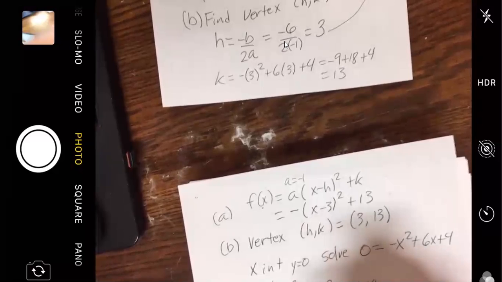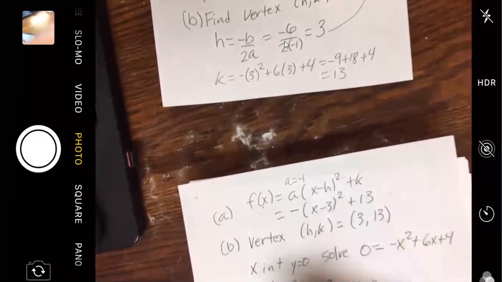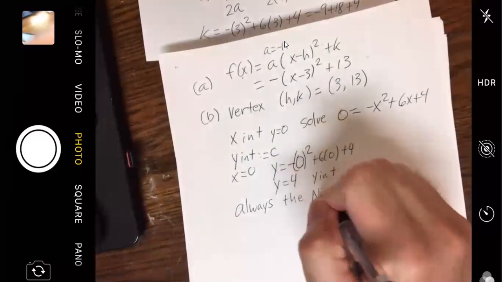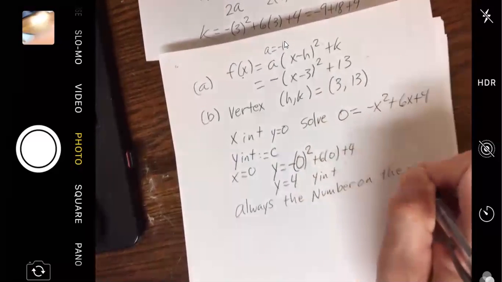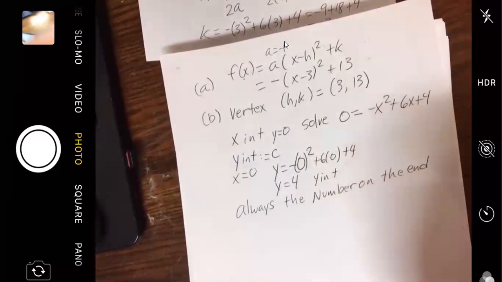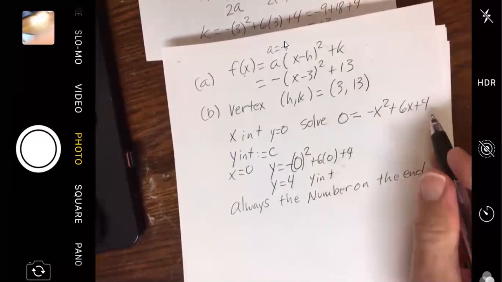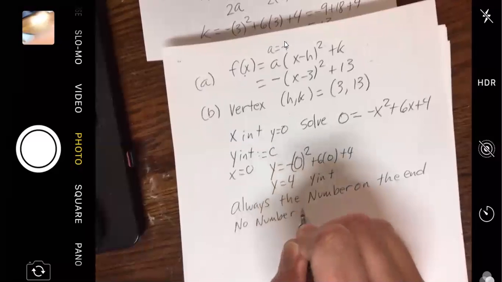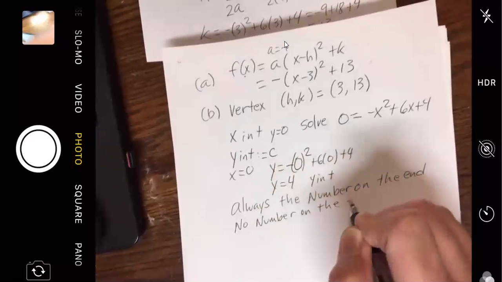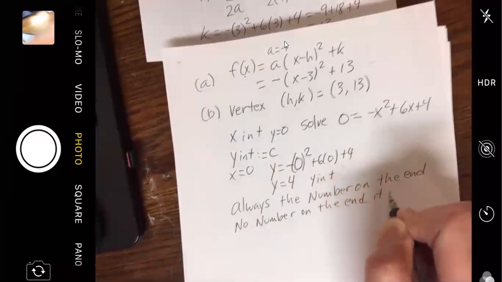This is the y-intercept. It's always the number on the end. No number on the end, it is 0.